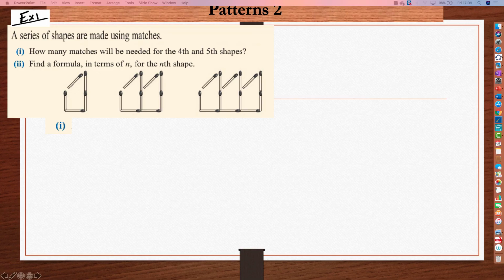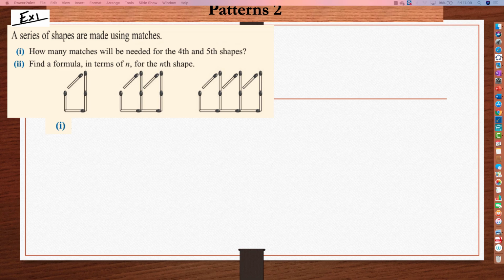So, when it comes up in an exam paper, it's going to look a little something like this. So, how many matches will be needed for the fourth and fifth shapes? And then find the formula in terms of n. Find Tn. Is that okay? So, first things first, how many matches are needed for the first one? 5, isn't it? 1, 2, 3, 4.